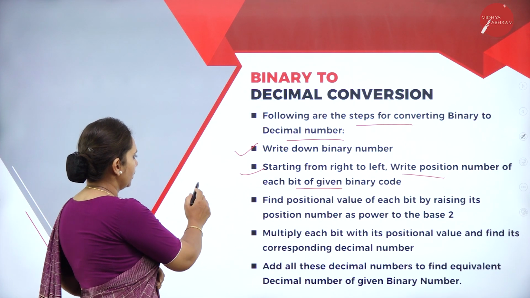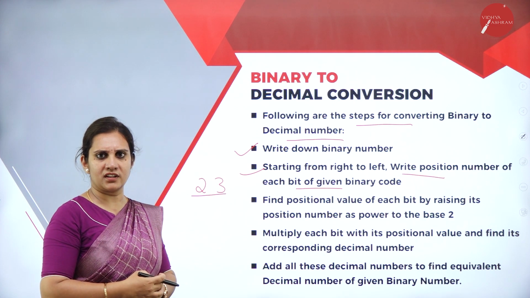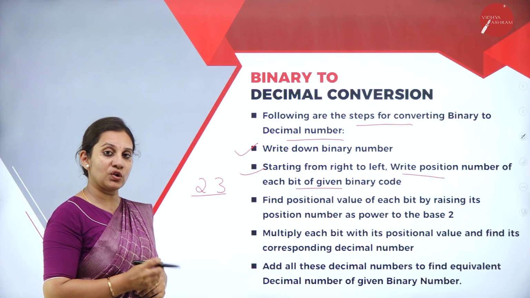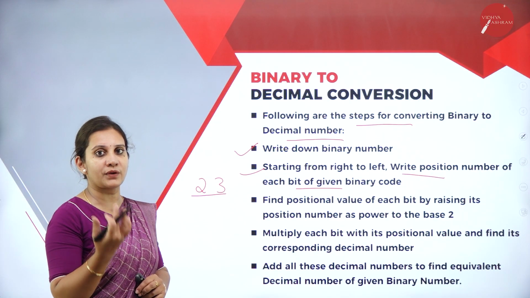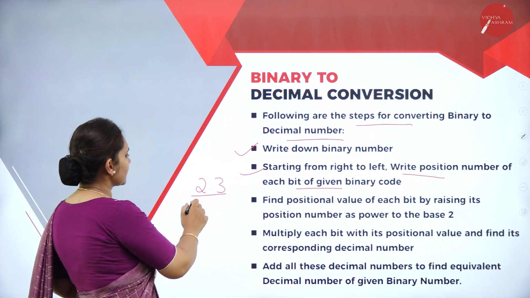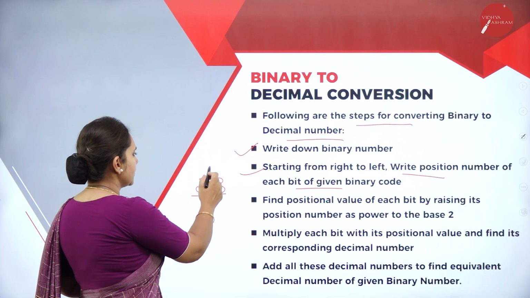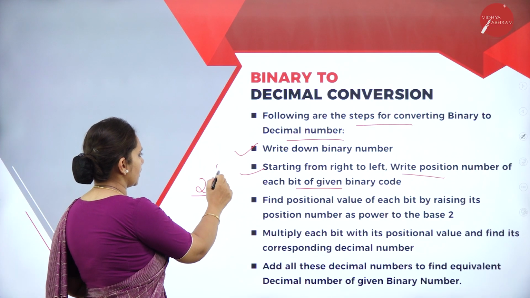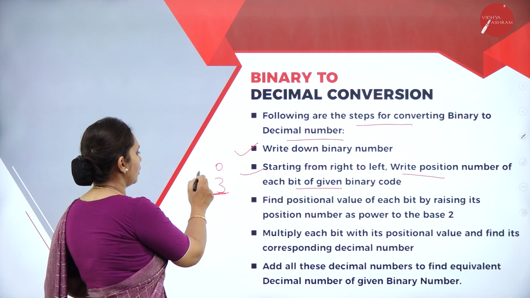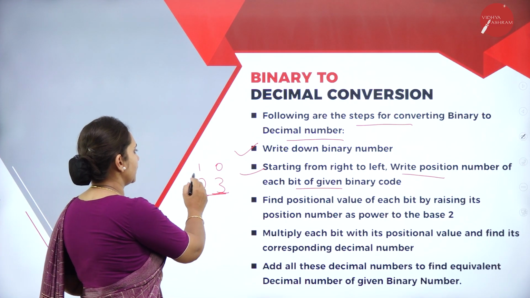Just keep a note, 23. What is the position of 23? It is the place values and face values we learnt in our lower classes, if you remember. That is nothing but your place or position values. The position of 3 is in units and the position of 2 is in tens, ones and tens we call, right?